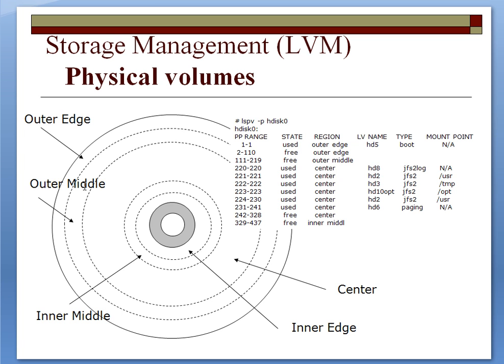Okay, this is the platter of the disk. It's broken up into five sections: outer edge, outer middle, center, inner middle, and inner edge. This gives you an idea, if you look at the numbers, of where the data is going.